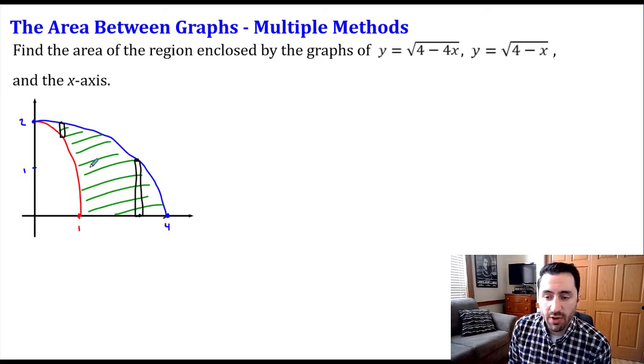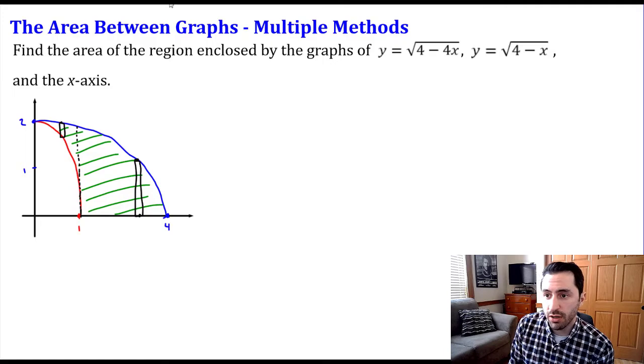So if I want to partition this along the x-axis, I'm actually going to split this into two parts. And I'm going to split it up here at x is equal to 1. So for this region between 0 and 1, I want to take the area underneath my blue curve and subtract the area underneath the red curve.